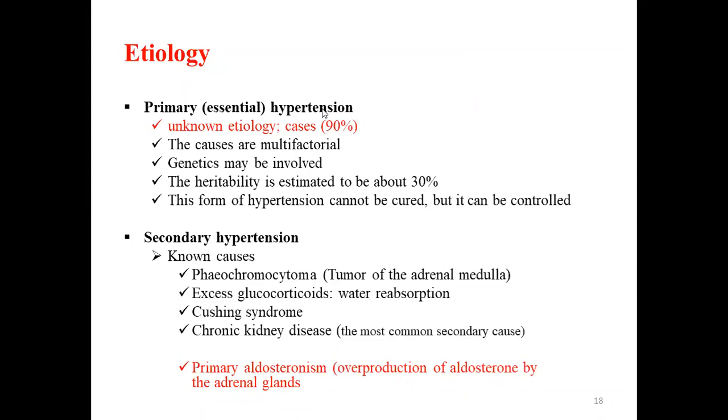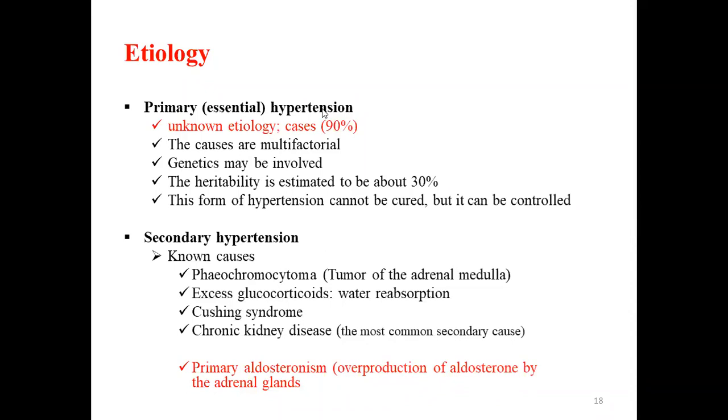The causes are usually multifactorial, and there is a role of a genetic component. That is why primary hypertension can be inherited from parents to children. If you have a family history of hypertension, the probability of getting hypertension is very high, especially if your parent has essential hypertension.